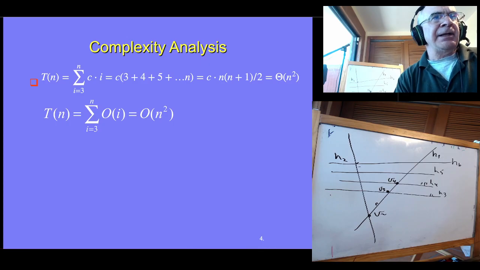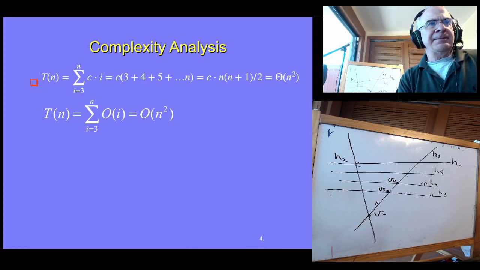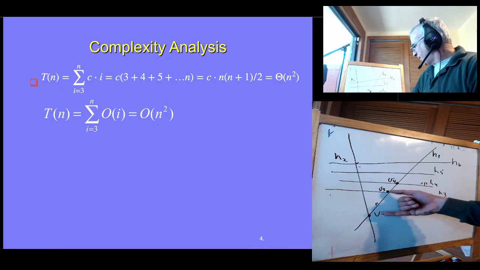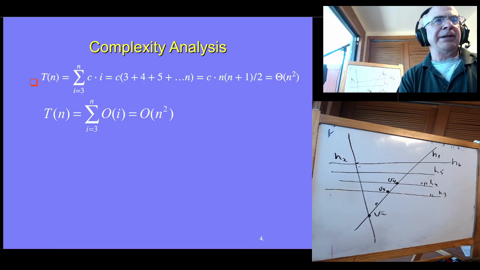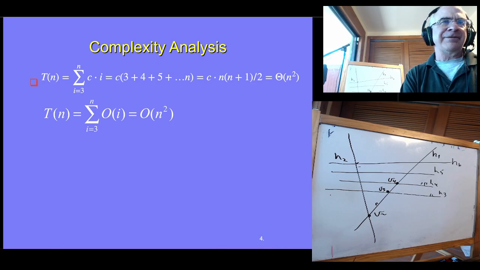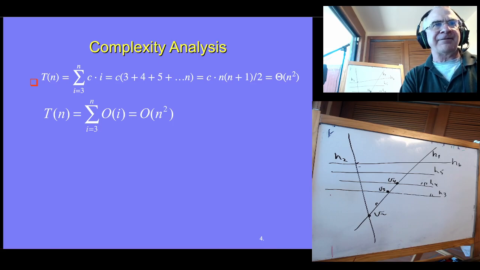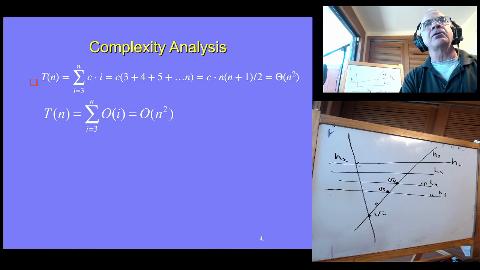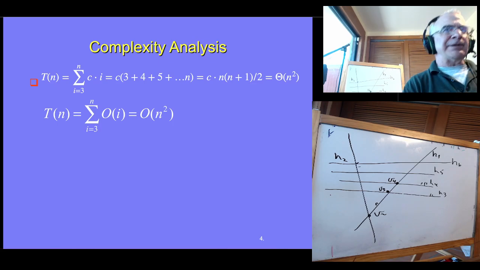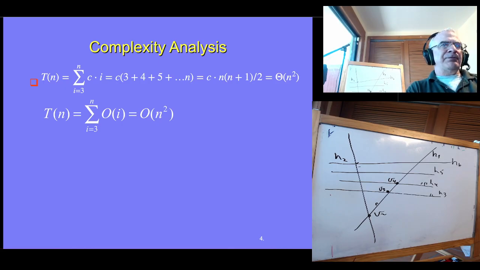So the overall running time is some constant times 3 when I had 3 constraints, plus 4 when I had 4 constraints, 5 when I'm getting to the 5 half planes, all the way up to the last half plane that I inserted. Each one of them violates the previous solution, and I have to call the 1D LP for each one of them, which brings me to the fascinating running time of order n squared, which is significantly worse than the n log n solution that I just had earlier.